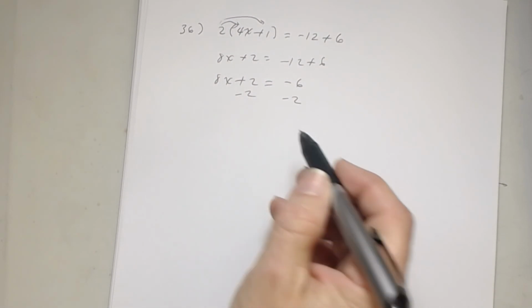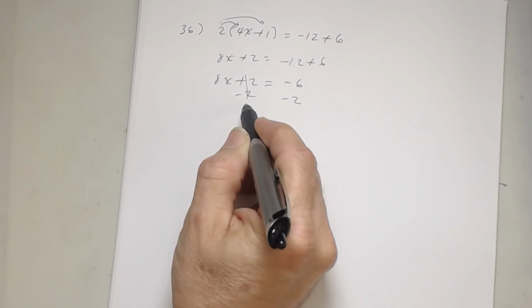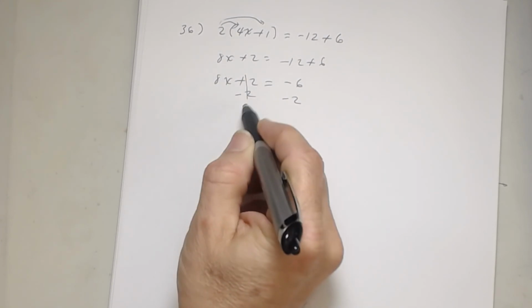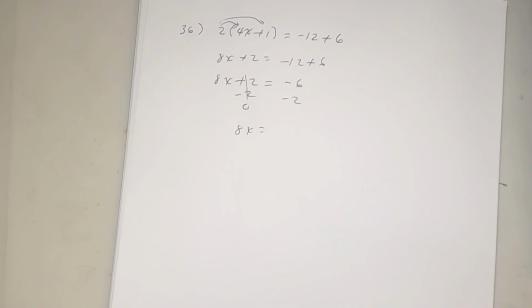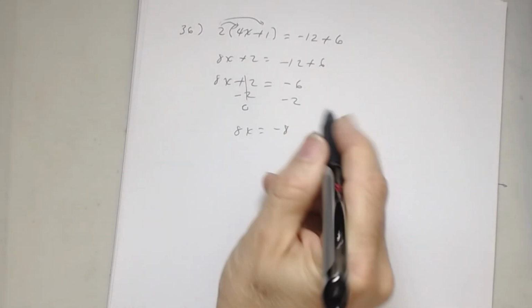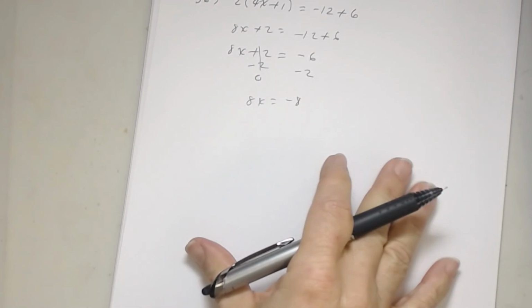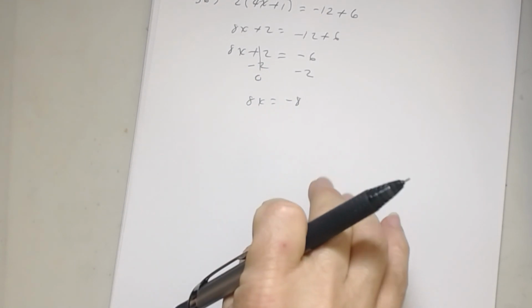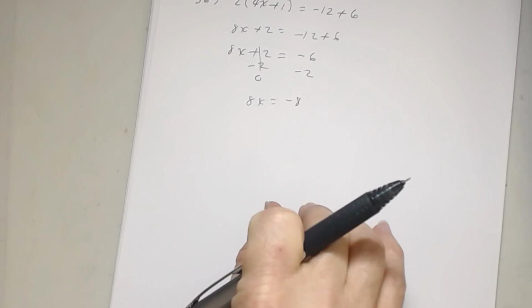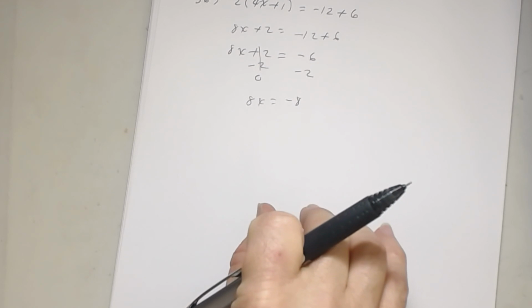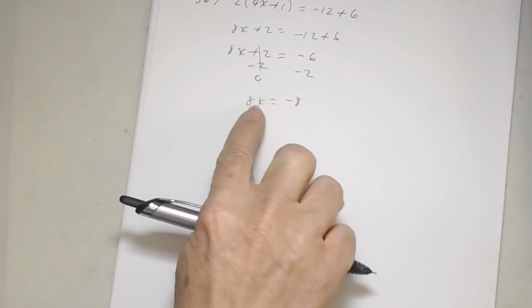Then you can combine like terms. 2 and a negative 2 is 0. What's left on the left? Now, what's a negative 6 plus a negative 2? Negative 8. Now, what property do I have to use next? Multiplication property of equality. To get x by itself, I'm going to divide both sides by the coefficient, because right now I'm multiplying.